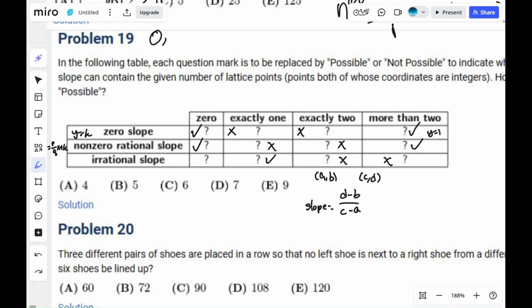And we also see that 0 is possible for irrational slope, because if we look at the line y is equal to root 2 x plus root 3, if x is an integer, then y is never going to be an integer, and if y is an integer, then x is never going to be an integer. So that gives us all of the check marks that we are looking for. If we count them out, there are a total of 6, which is C.